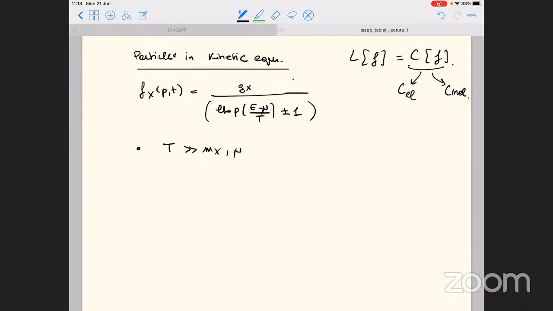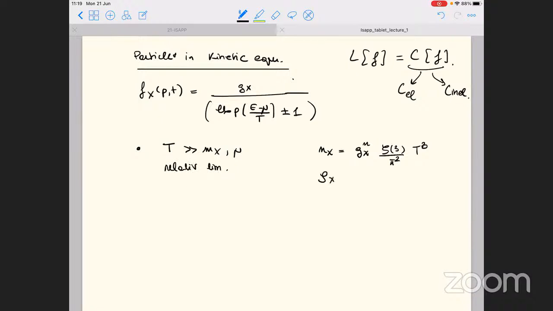By integrating out this distribution function, I end up with a number density that I will write like g_chi n, zeta(3) divided by pi squared times T cubed. So you see that the number density of my particle just goes as the temperature cubed in the relativistic limit.